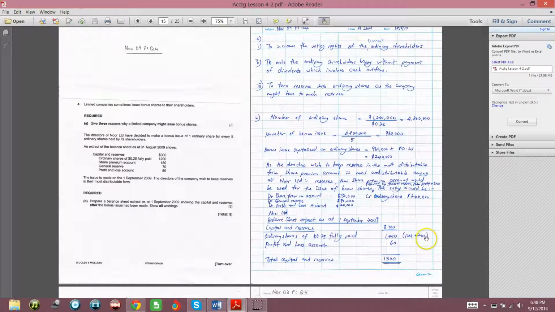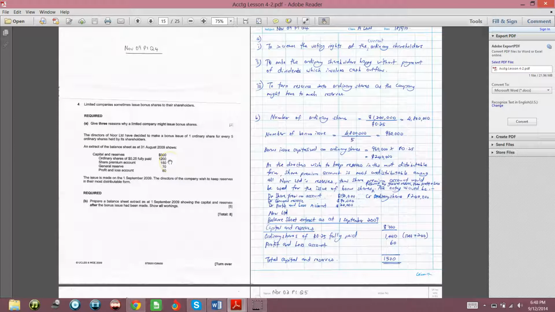You know why this is 240? 150 plus 70 is 220. So the 240 would be debited from share premium, debited from general reserve, and another 20 debited from the profit and loss account.